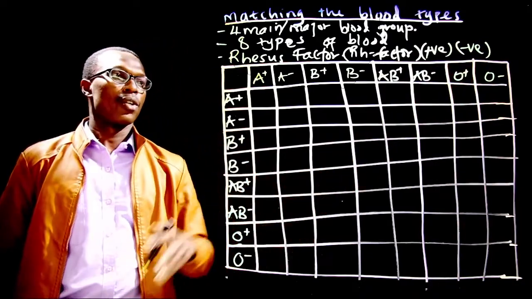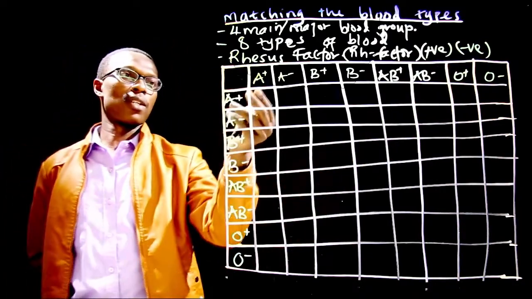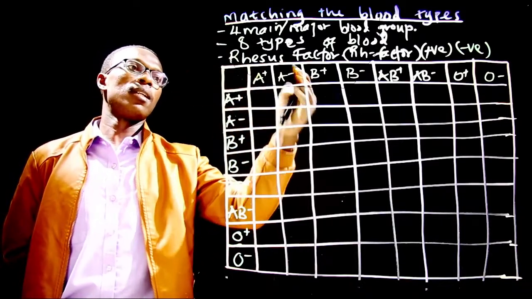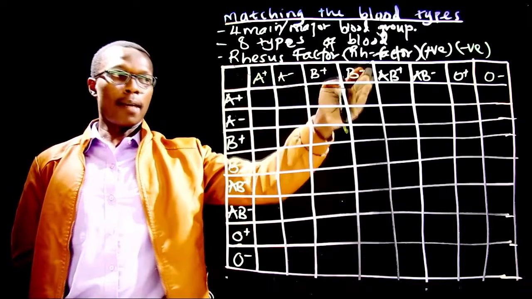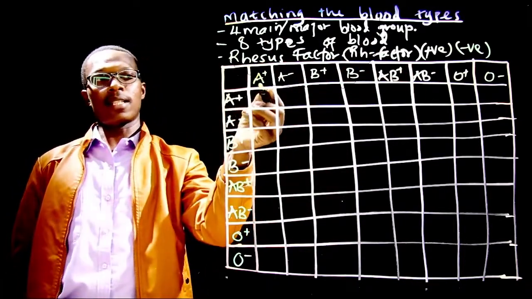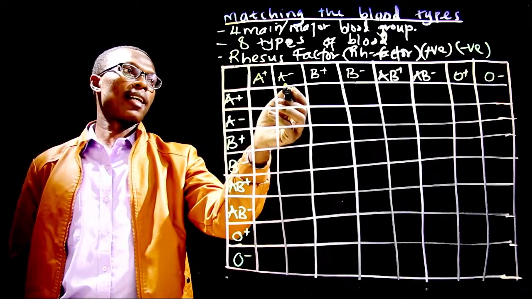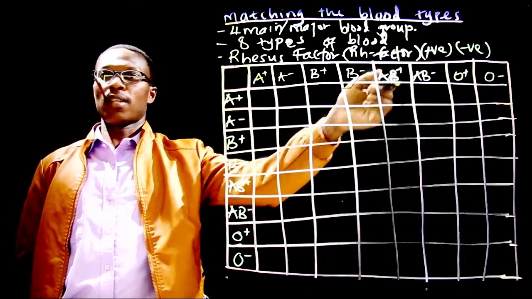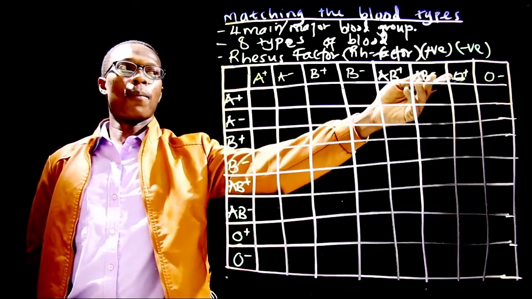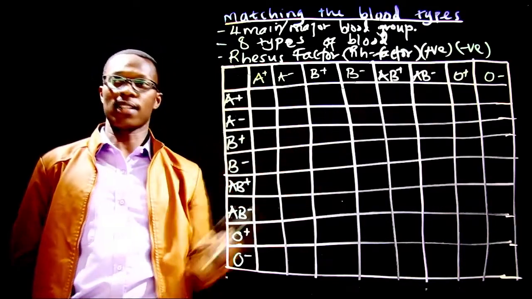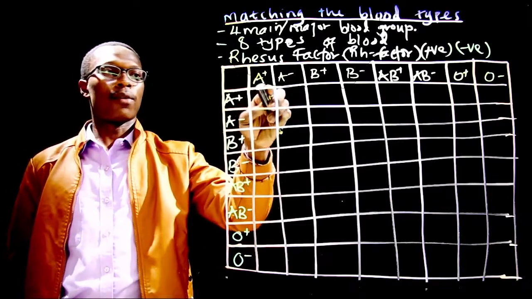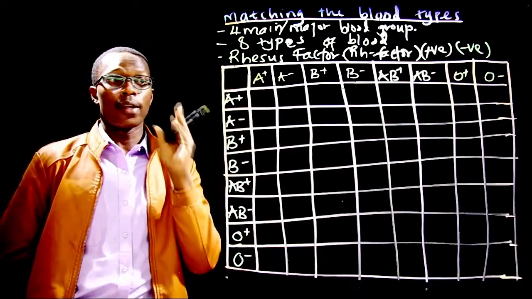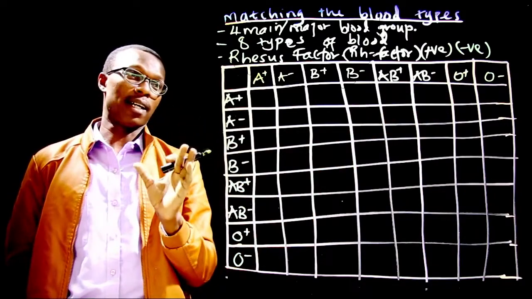Remember we had 4 major blood groups: A, B, AB and O. But then you can see here we have A positive, A negative, B positive, B negative, AB positive, AB negative, O positive, O negative. So you can count: 1, 2, 3, 4, 5, 6, 7, 8. That means we have 8 types of blood.